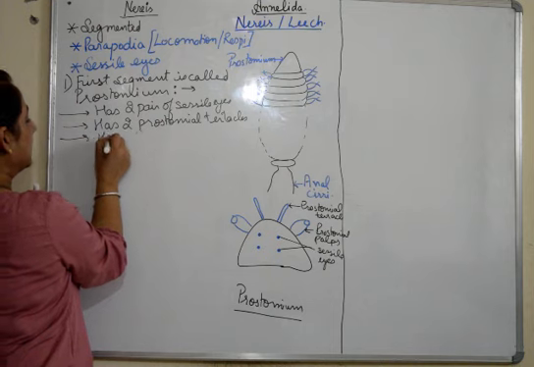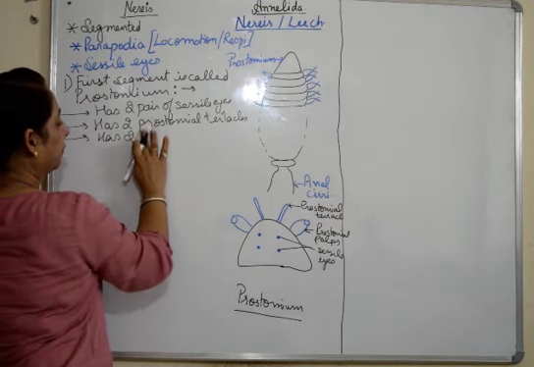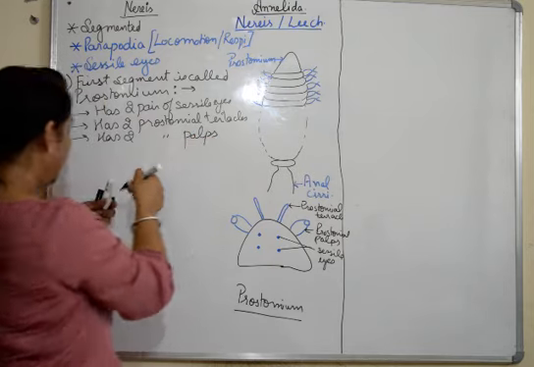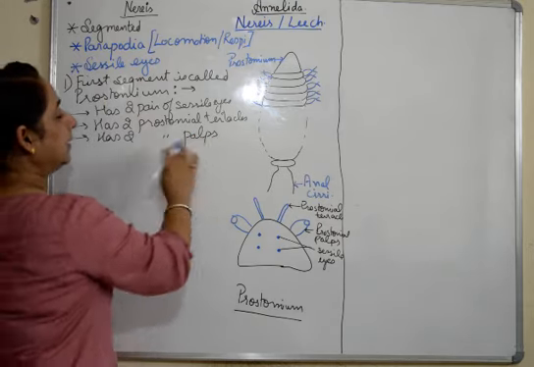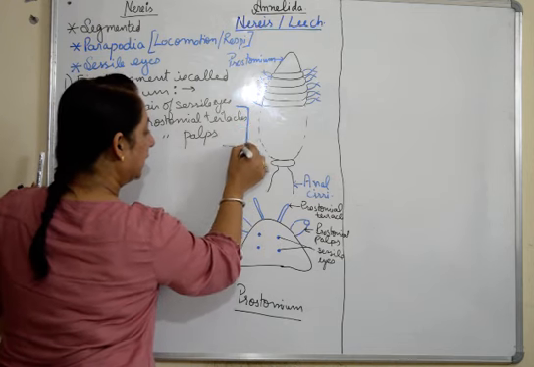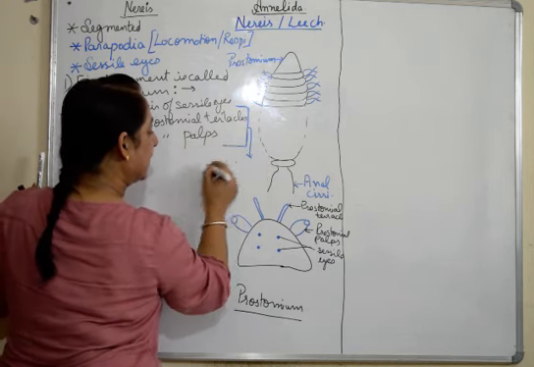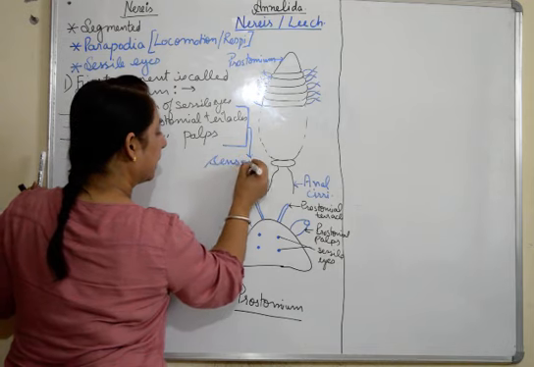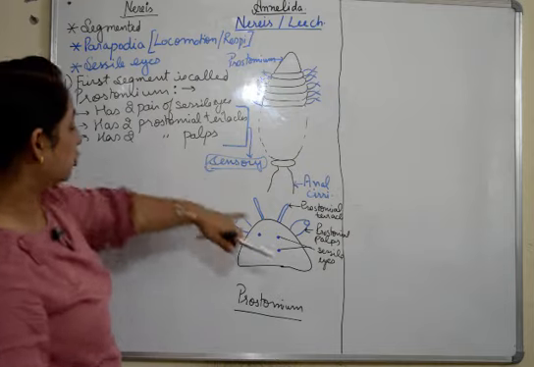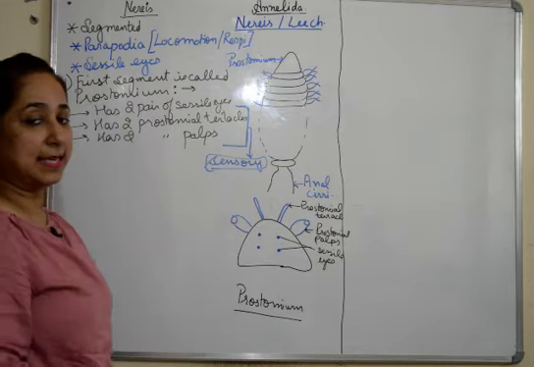Then it has two prostomial palps. Now these prostomial tentacles and prostomial palps, both of these are sensory in nature. They act as sensory structures.